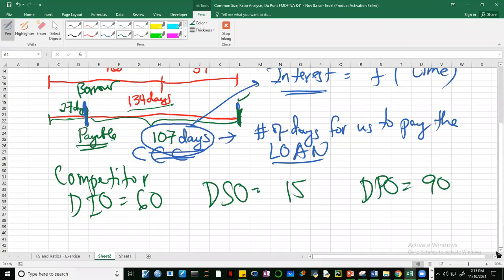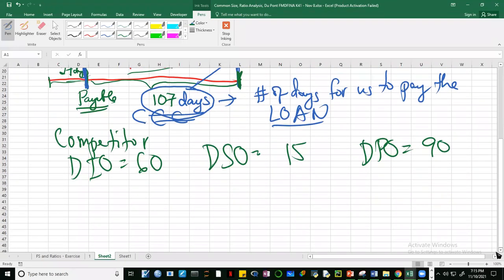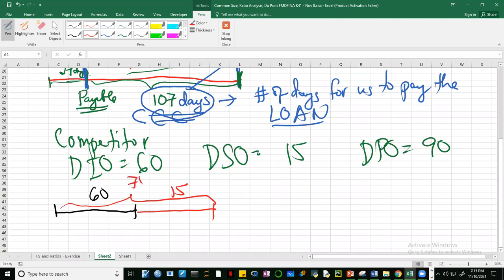So ano yung implication niyan? Okay. Plot natin guys for us to better appreciate what's happening here. So from the buying of the raw materials to the selling, 60 days. And then from the selling to the collection, you have 15 days. That's why our operating cycle here is 75 days.